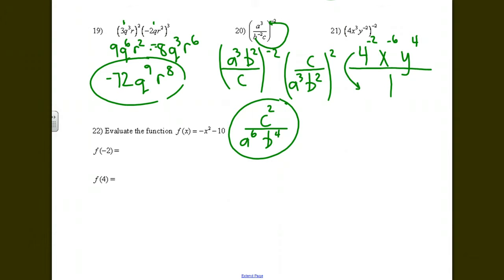So the 4 to the negative second will go down, and the x to the negative 6th will go down, which leaves me with y to the 4th in the numerator all over 4 squared. So once it becomes 4 to the positive 2, I can square that. So that's 16. X to the positive 6th.